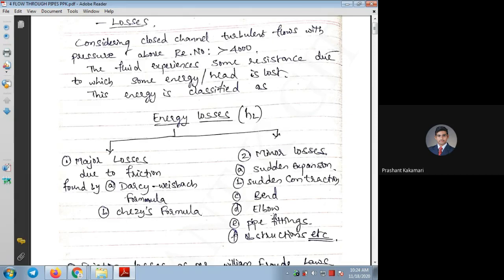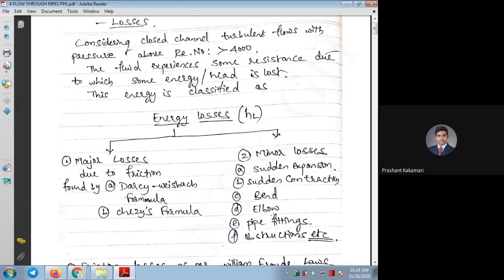Because there the length of the pipe itself is very small. Only in between, say for example, 1 foot or below, the pipe is straight. Otherwise, it will have elbows, bends, sudden contraction, sudden expansion, or some fittings. Due to this, the length of the pipe will not be the same. So in such cases, we are neglecting the friction losses in minor loss experiments.